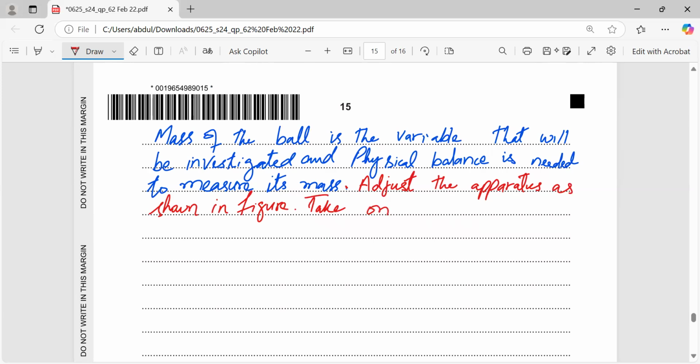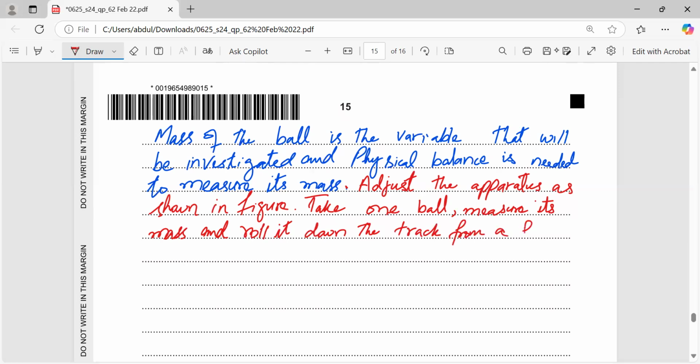Take one ball, measure its mass, and roll it down the track from a fixed point or marked point.